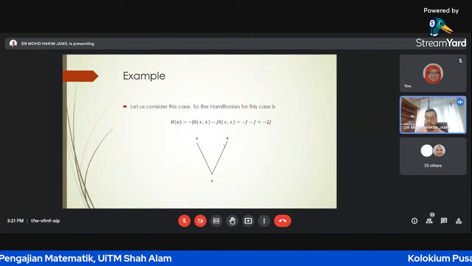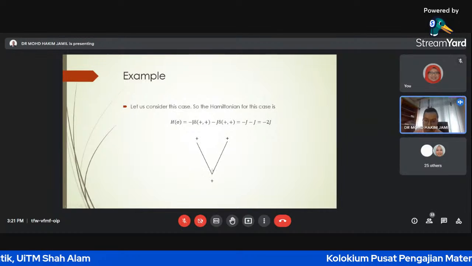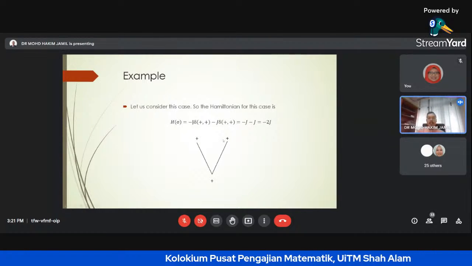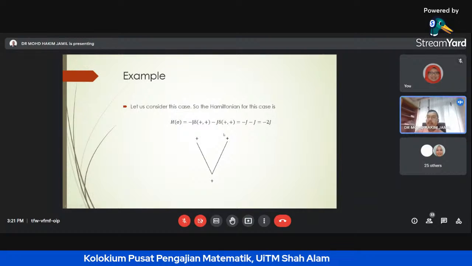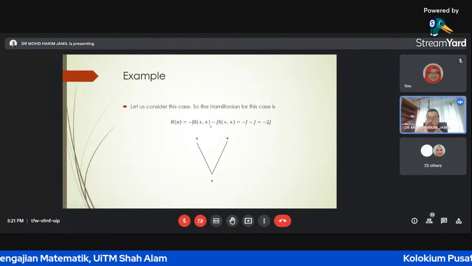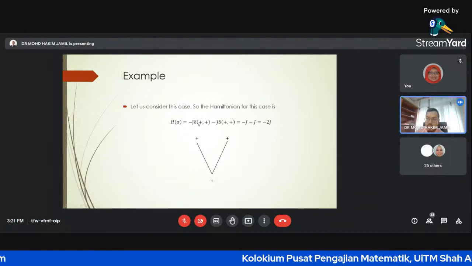So let us look at this example. We consider the same Kelly tree, with the same configuration of plus. We use the Hamiltonian with the delta function, so we plug our configuration into the Hamiltonian function.